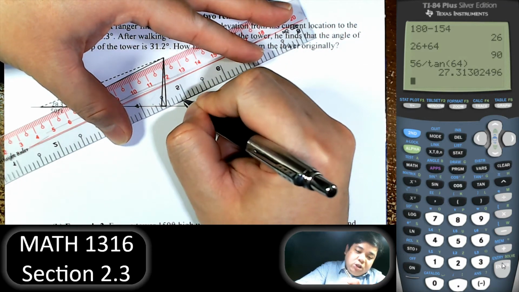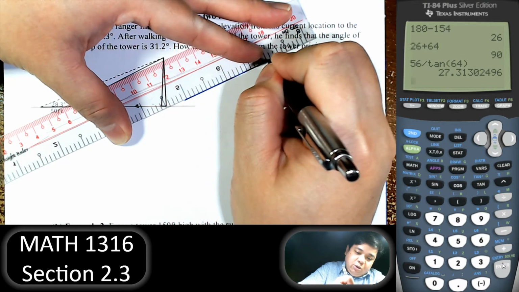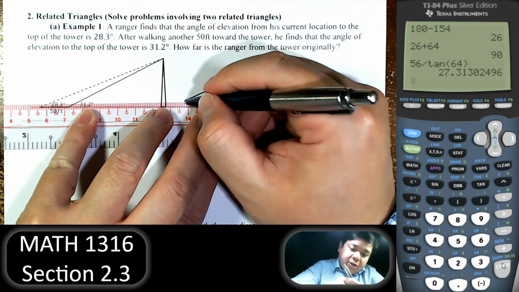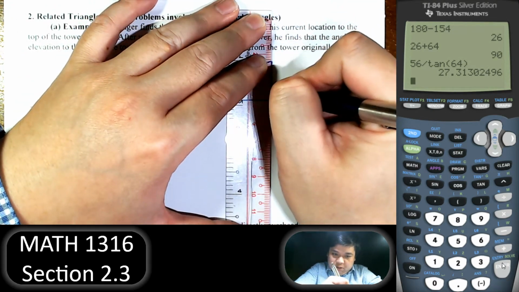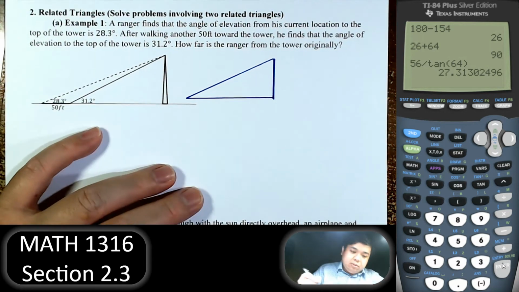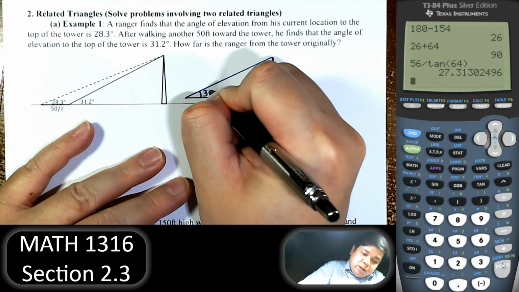not to scale, because if I drew it exactly, that would be difficult to calculate. So we'll draw the right triangle here. The tower is still the same height though. This is the height of the tower. First, the smaller one is 31.2 degrees.